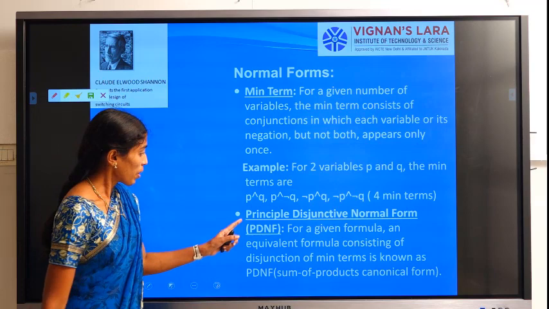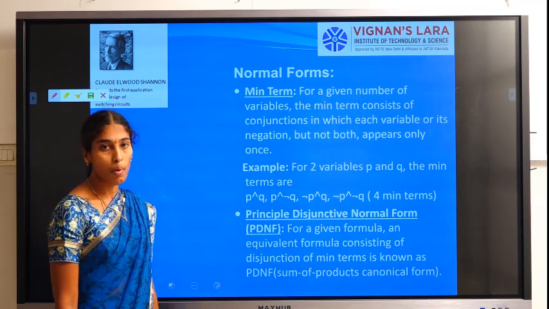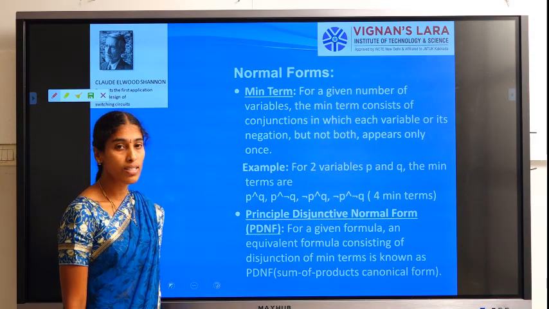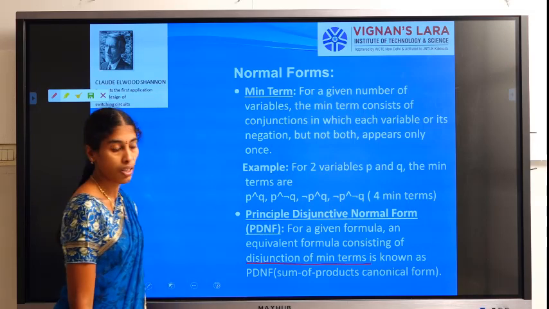Next, coming to the definition of principal disjunctive normal form: for a given formula, an equivalent formula consisting of disjunction of min terms.